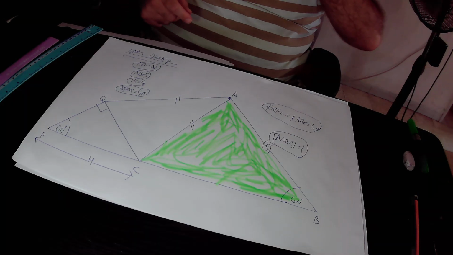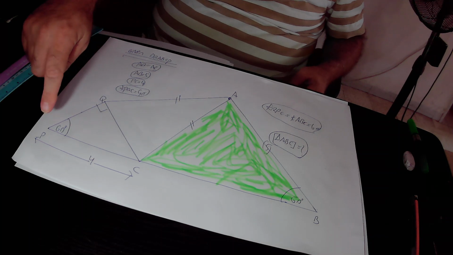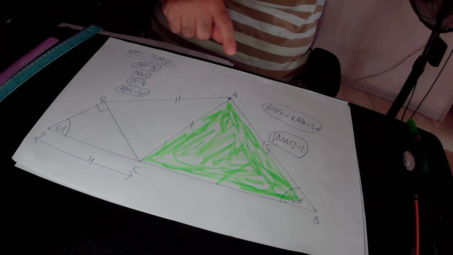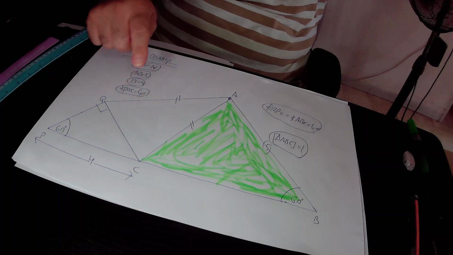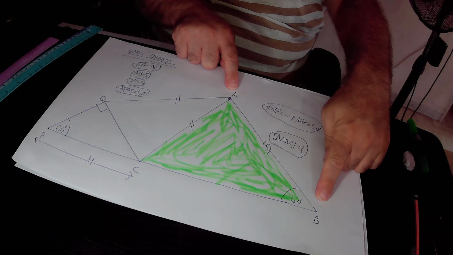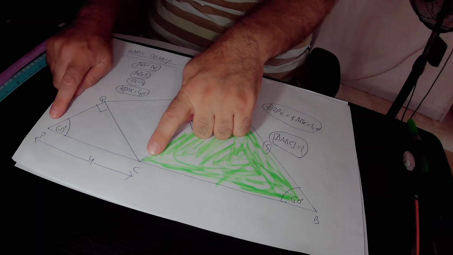In the drawing, we have quadrilateral ABCPQ. We know that AQ equals AC. We also know that AB equals 5 units in length. This is line segment PC that equals 4 units in length.